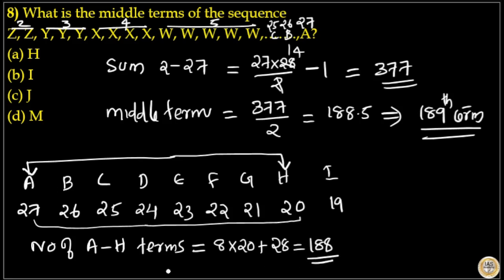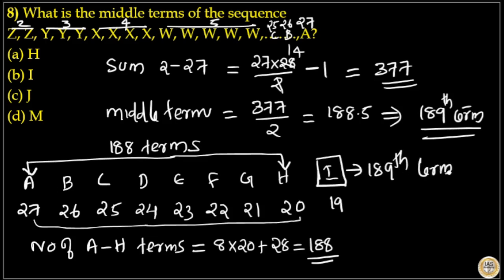So we have total 188 terms from A to H. We have 188 terms. That means I is the 189th term. From A to H we have total 188 terms.